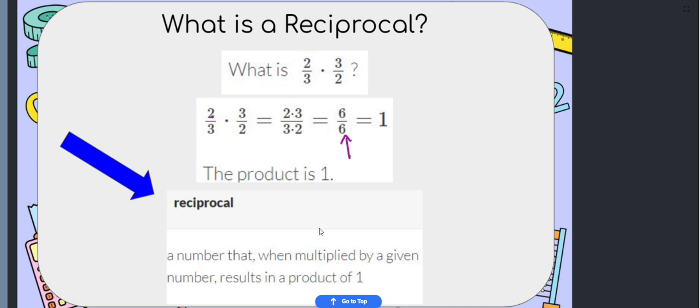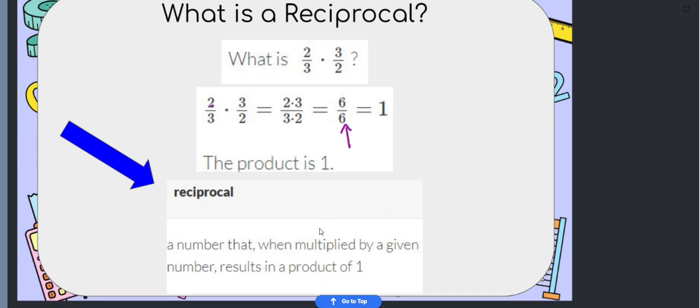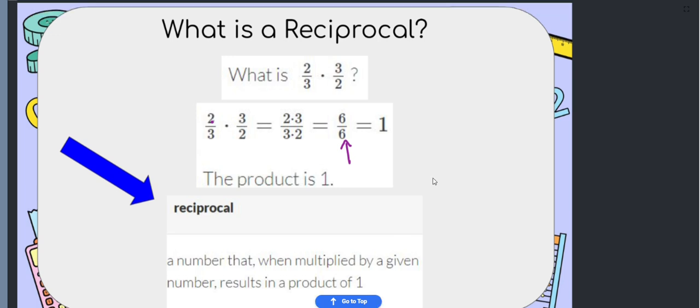So a reciprocal is a number that when multiplied by a given number results in a product of 1. In other words, it's just where we switch the top number and the bottom number. The numerator and denominator switch to be upside down or in the other order. So instead of being 2 on top and 3 on bottom, it becomes 3 on top and 2 on bottom.